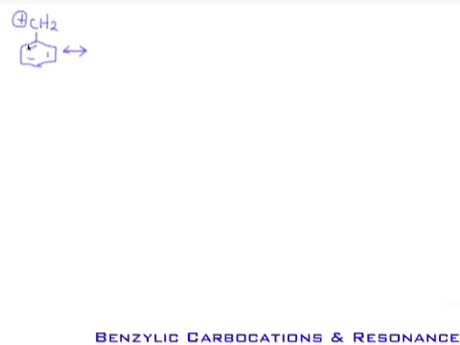And we can draw resonance structures that move this positive charge around the ring. And we move the pi electrons towards the positive charge.